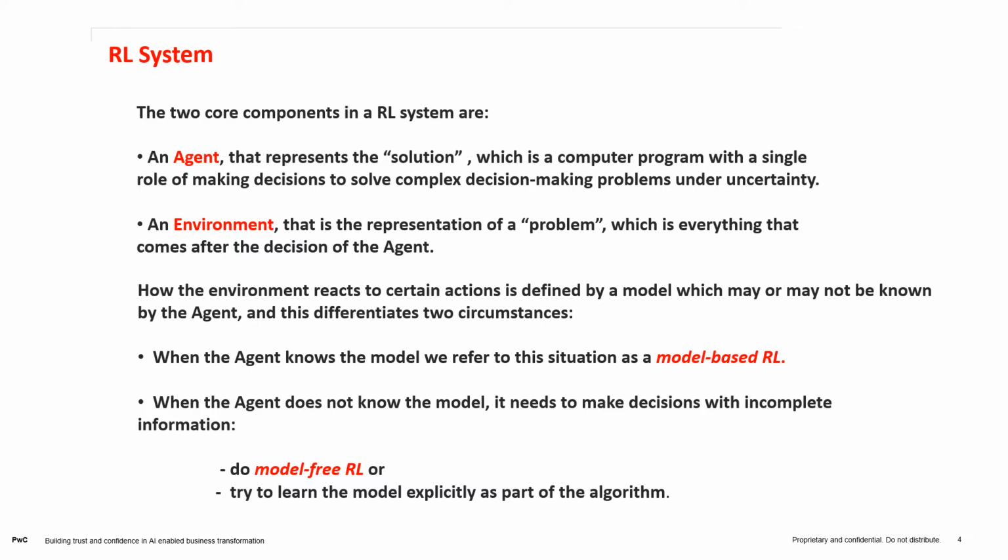It makes decisions with incomplete information, the so-called model-free RL, where the agent uses trial and error to make its decisions. Or you can get a kind of hybrid approach between the two, where the agent has some knowledge of the environment, or no knowledge at all, but as it goes along and experiments through trial and error, it can build up a model of the environment.